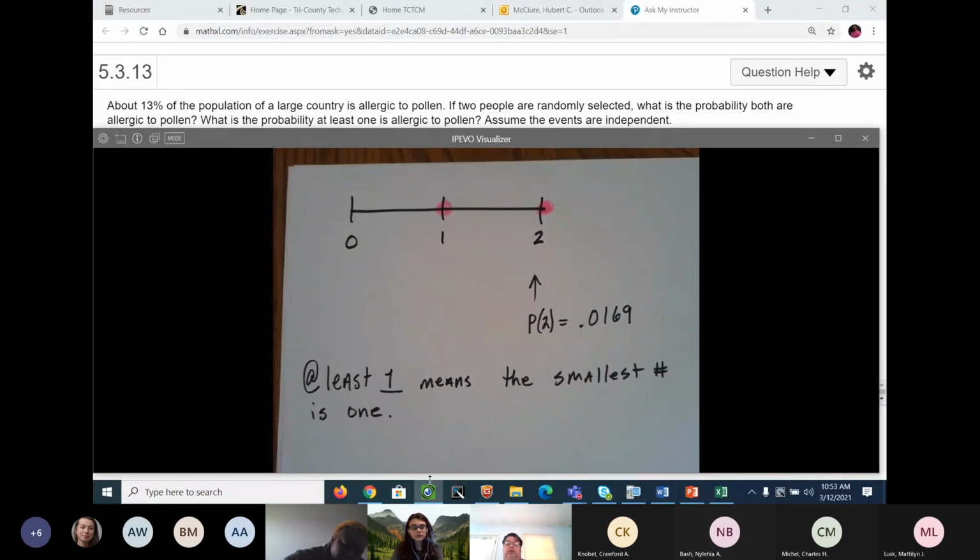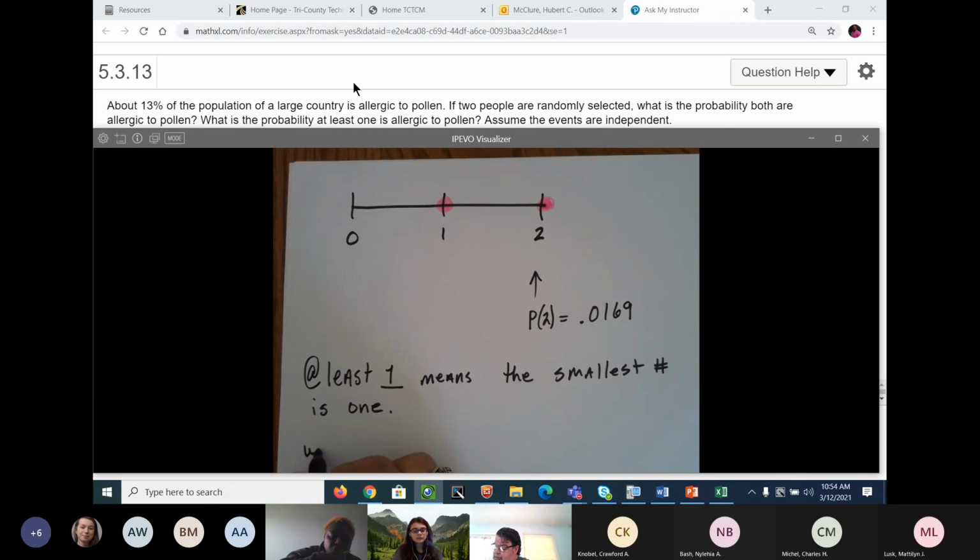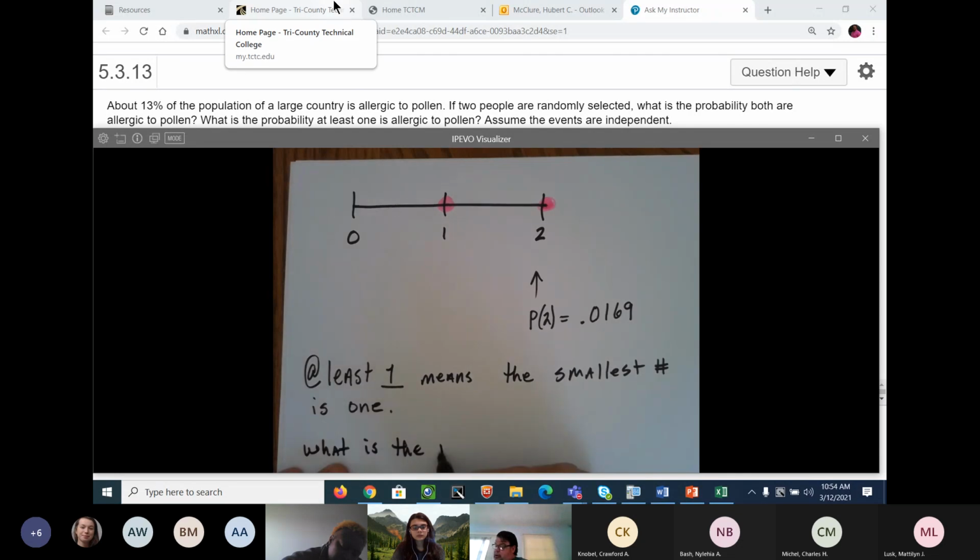Okay, so let's look at it again. It said, what is the probability at least 1 is allergic? So I'm going to rewrite that. What is the probability of 1 or more? What does OR stand for?